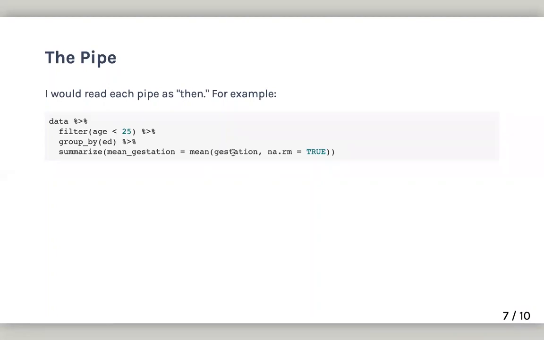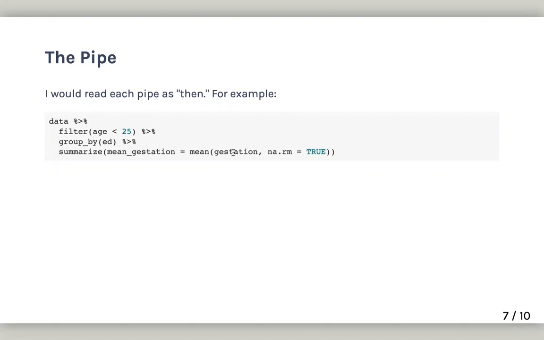So the way I read it whenever I'm using code and whenever I'm teaching it: in this chunk of code I have in front of me and that you have in front of you, I'm saying I'm going to call my data. Then I'm going to filter all the rows that have age less than 25. Then I'm going to group them by education levels, and then I'm going to summarize my data.